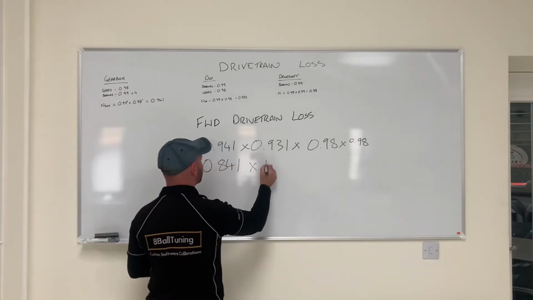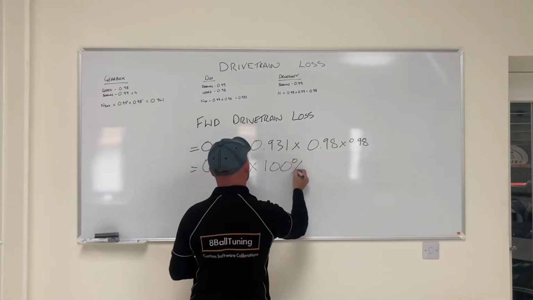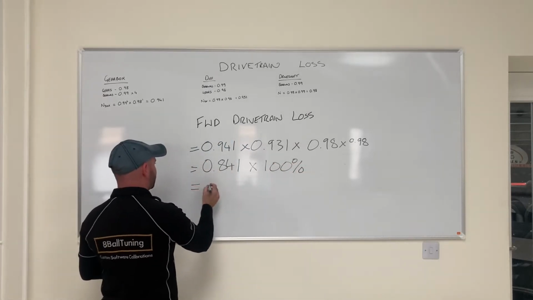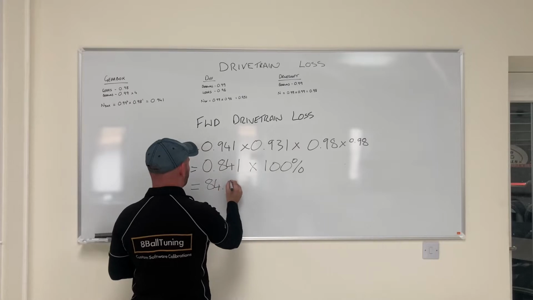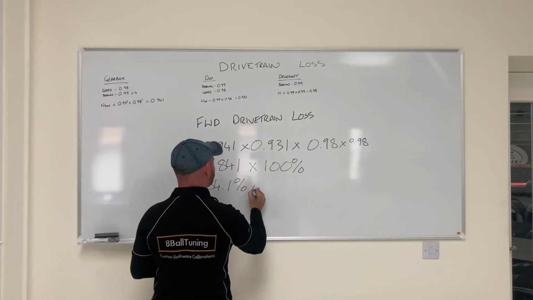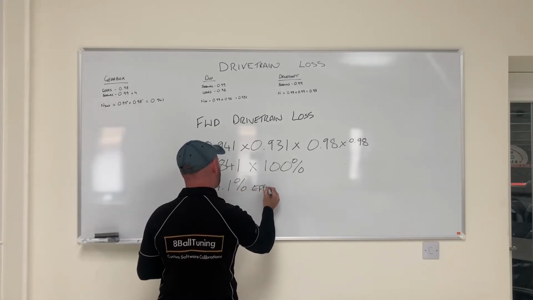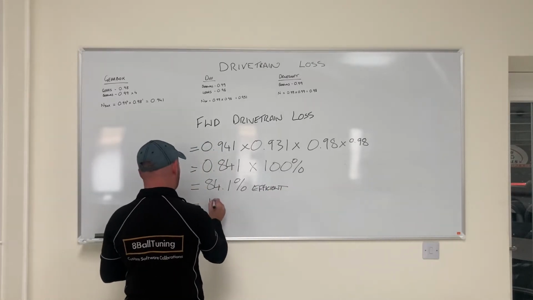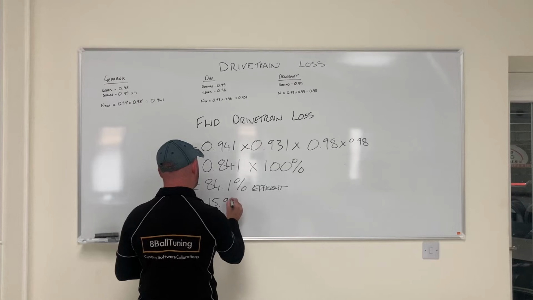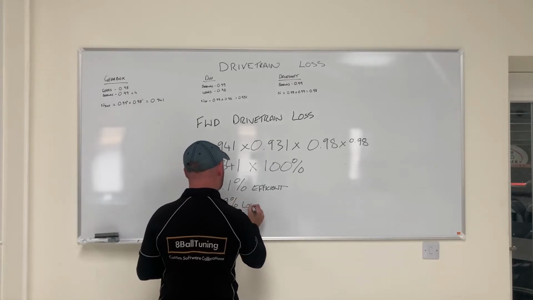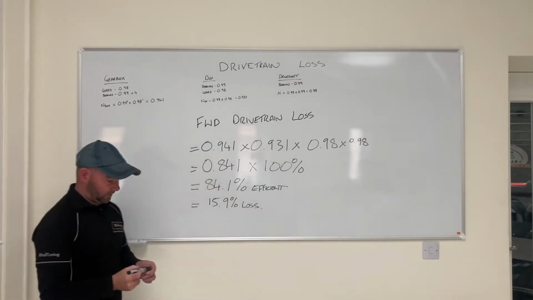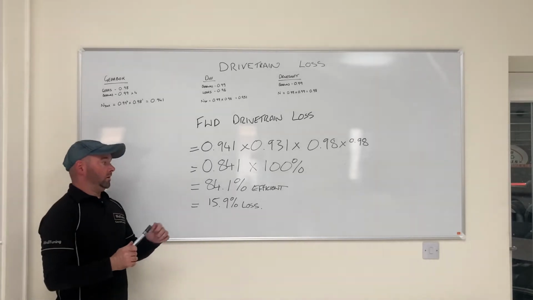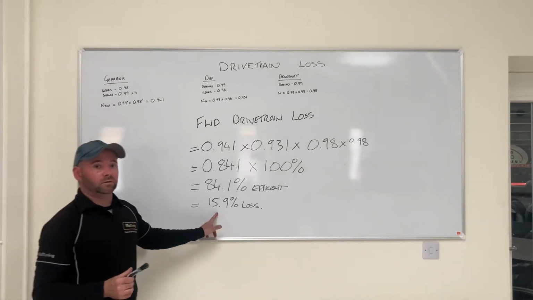Times that by 100 to get our percentage: 84.1% efficient, which means we have a 15.9% loss. Okay? 15.9% loss.